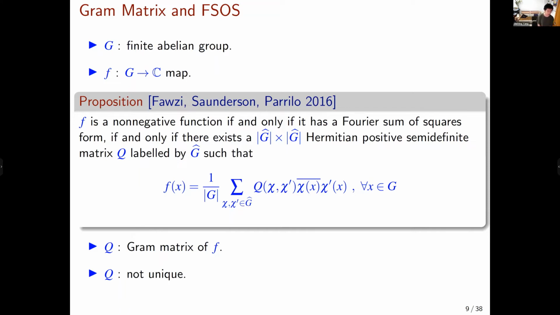Here we remark that the matrix Q is called a Gram matrix of the function f, and that the Gram matrix is not unique.